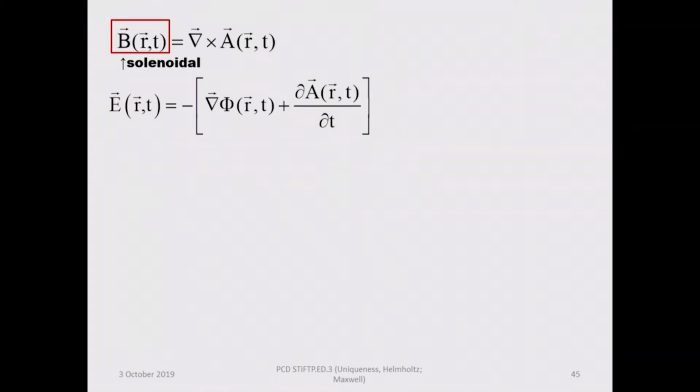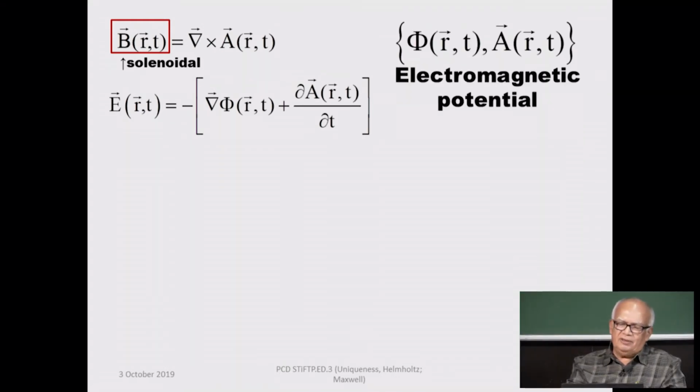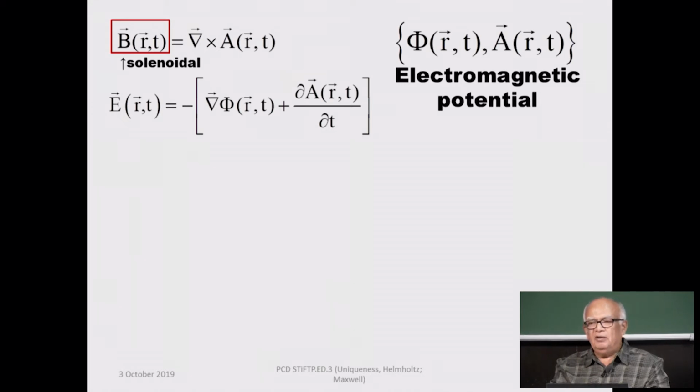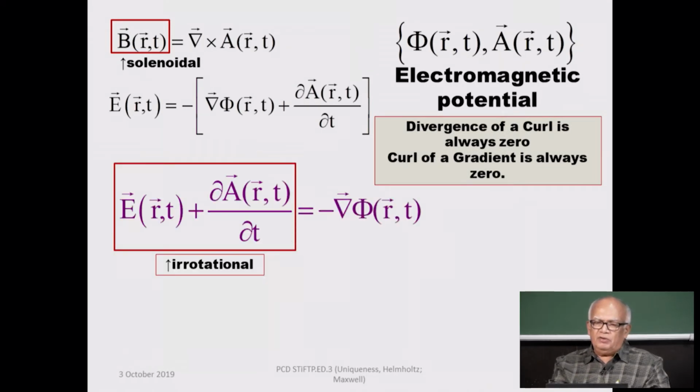So, you have got a solenoidal field, and now starting with that we are led to the electromagnetic potentials. There are 4 of them: phi, which is the scalar potential, and then the 3 components of the vector potential, so total 4. Okay. And what we have as irrotational is the sum of E and del A by del t.